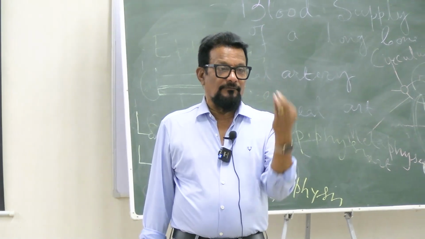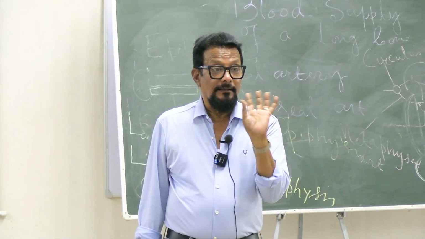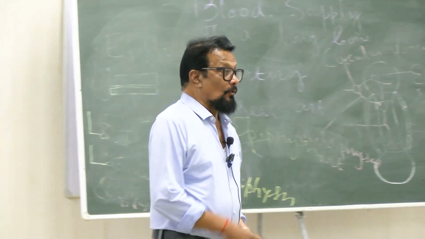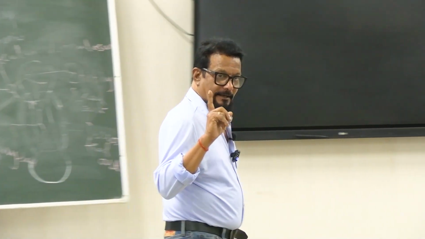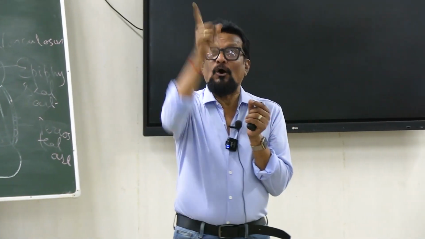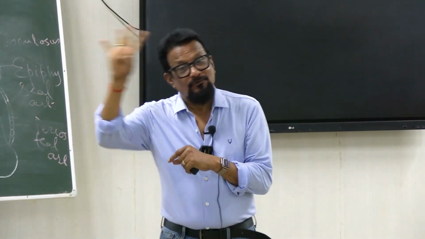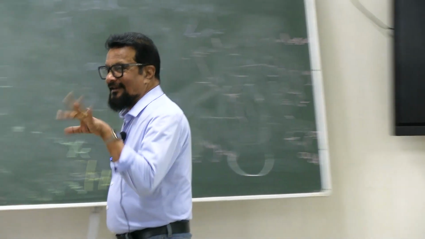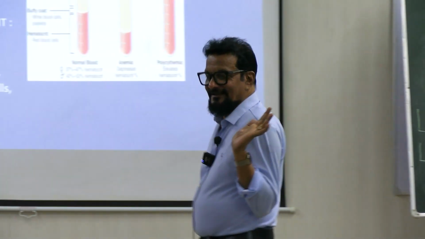In one molecule of hemoglobin, if you analyze one molecule, remember all these points particularly. One molecule of hemoglobin has 4 hemes. That's why we call it HB4. And each heme is attached to one chain, so there are 4 chains, of which 2 are alpha chains and 2 are beta chains.